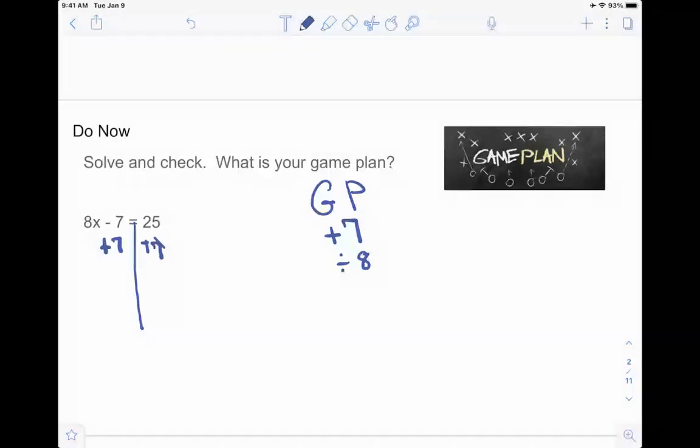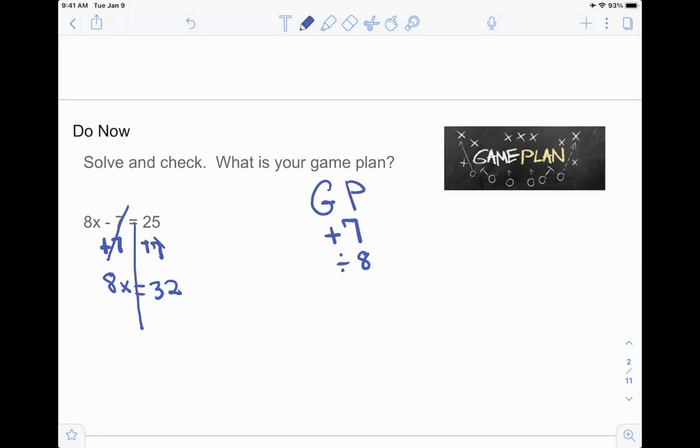And I know that 25 plus 7 is 32. Now a negative 7 and a positive 7 cancel. And the only thing I have left on the left-hand side of the equation is 8x. And I'm going to rewrite that right underneath next to the line.